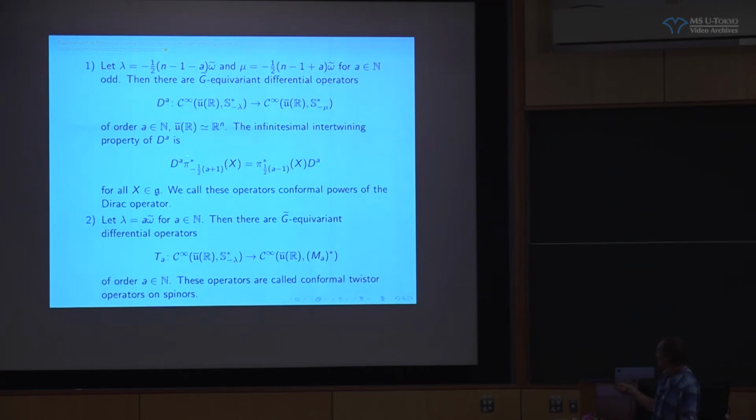And here is the equivariance property when acting on the induced representation, induced from spinors twisted by a certain character, and that's the explicit value of the character.